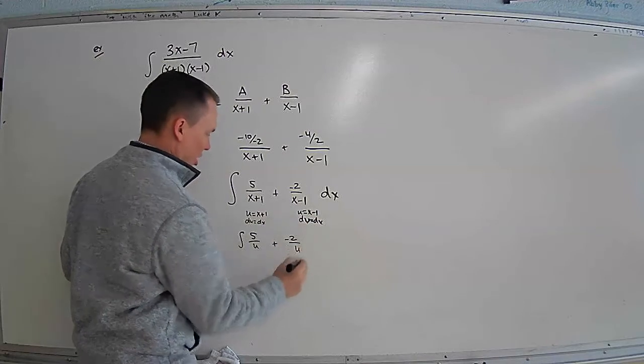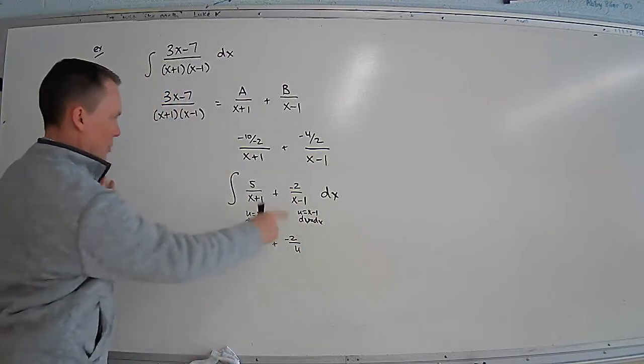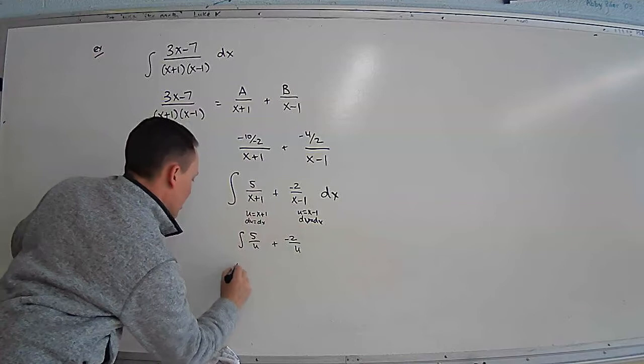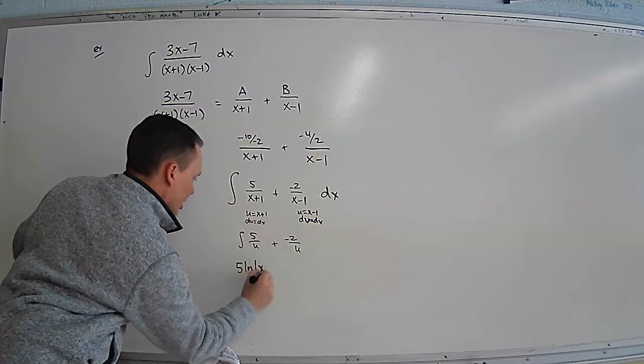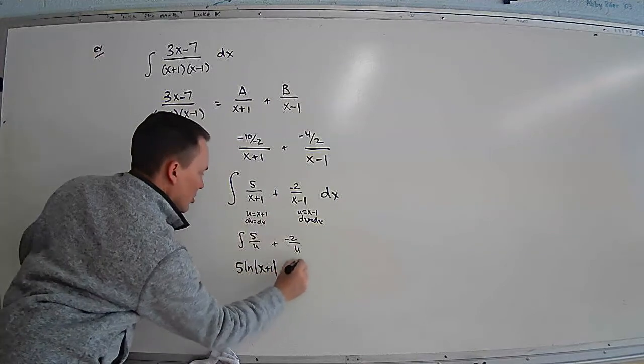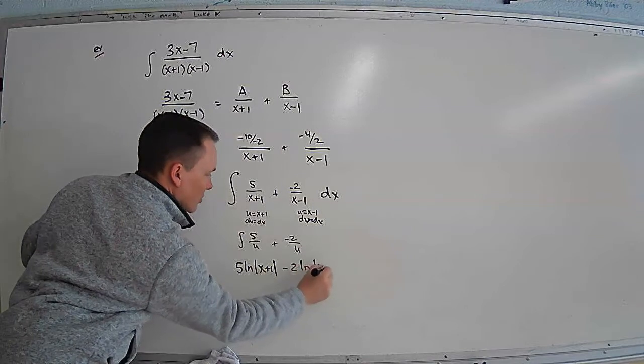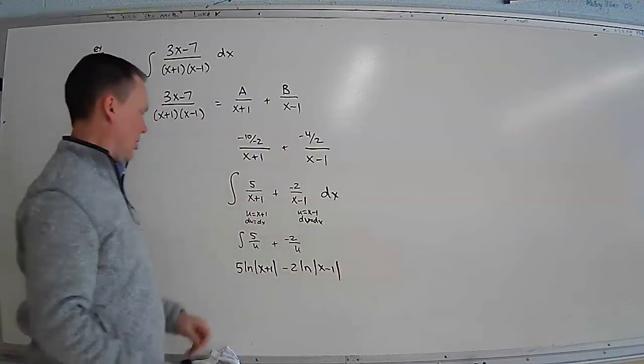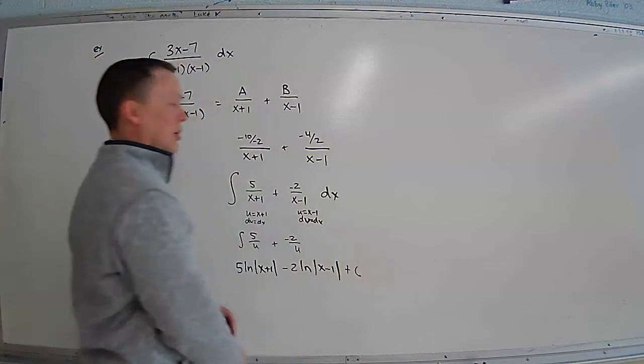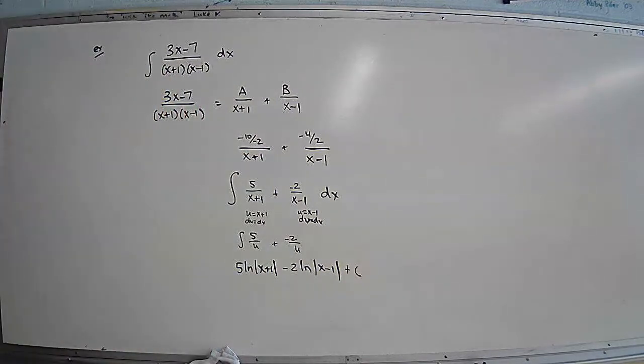Technically I shouldn't use u for both, but as long as you can keep the two separate: 5 natural log of x plus 1 minus 2 natural log of x minus 1, plus C. So there's how we do a partial fraction decomposition, and then an integral on top of that.